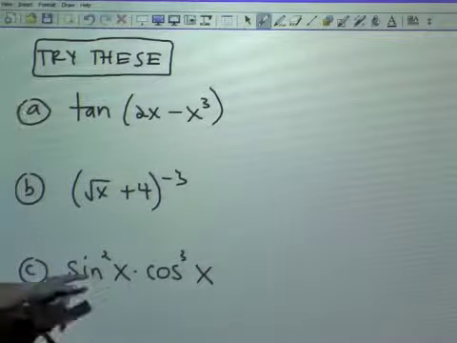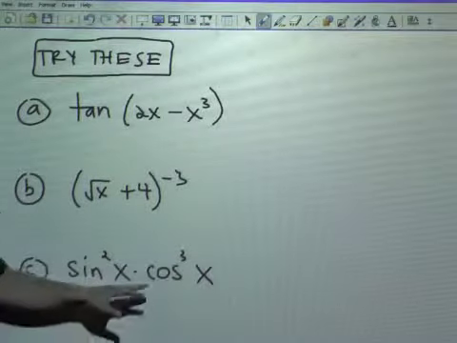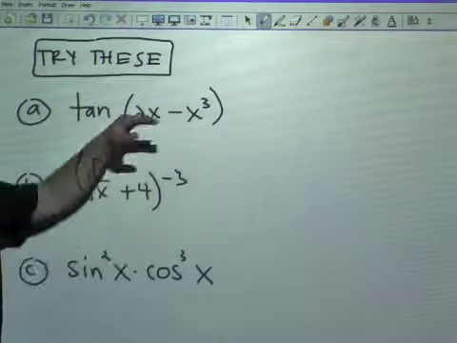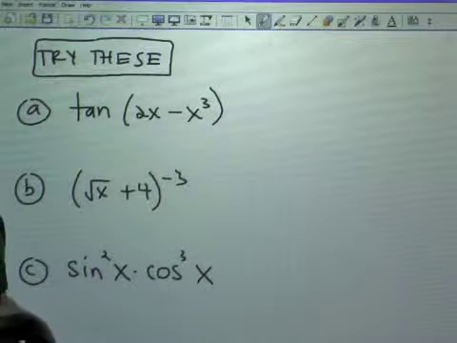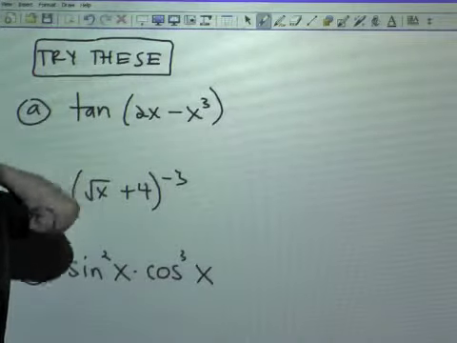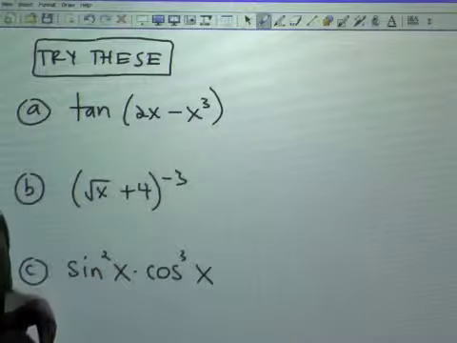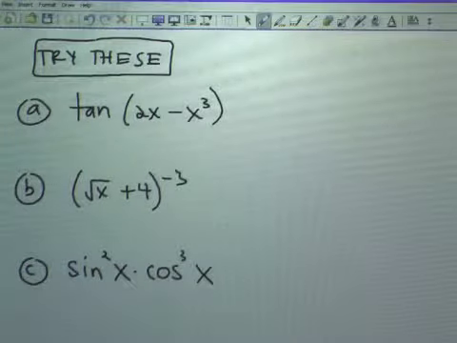It's sine squared times cosine cubed. And that last one will be a little bit of a challenge. Okay, so why don't you guys take 5 to 10 minutes, try to find the answers to these 3 problems. And again, if you could pause the tape, I'll come back in that time and go through the solution. Good luck.